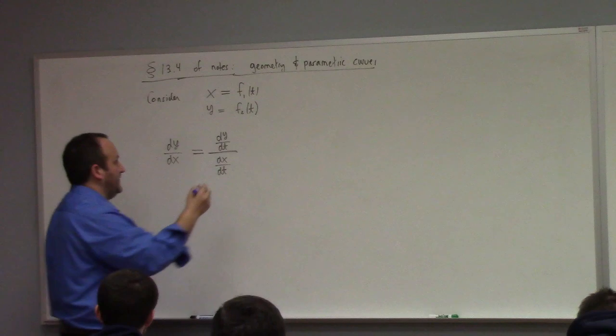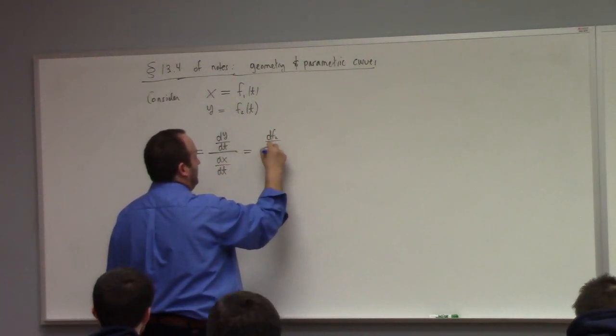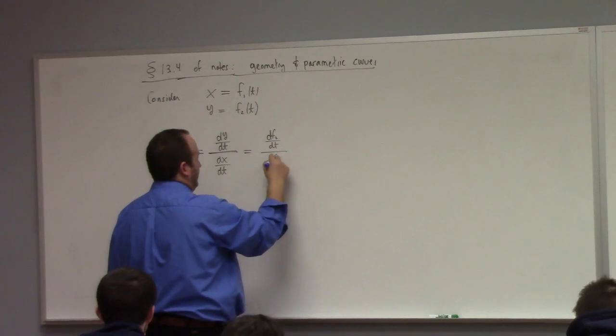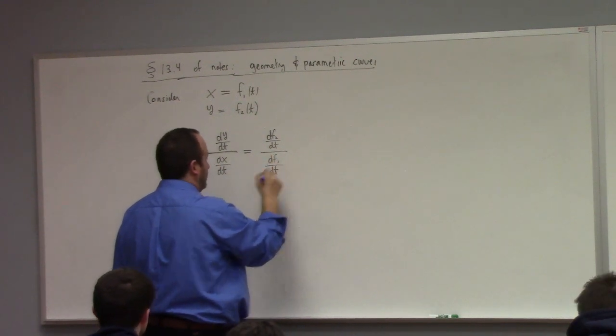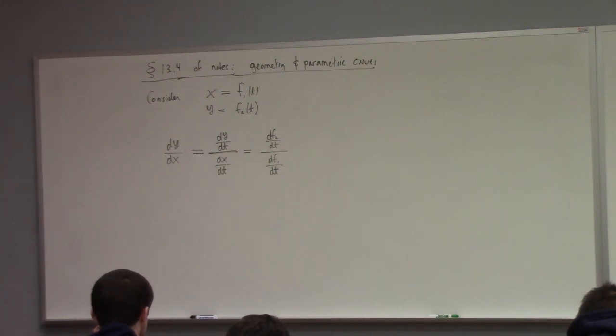Or to be more specific, what I mean by that, of course, is df2 dt divided by df1 dt. This is actually how we can calculate the slope to a parametrized curve at a given point. Let me explain to you why that is.